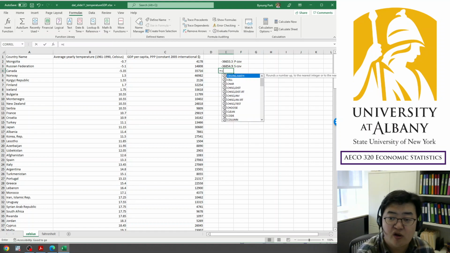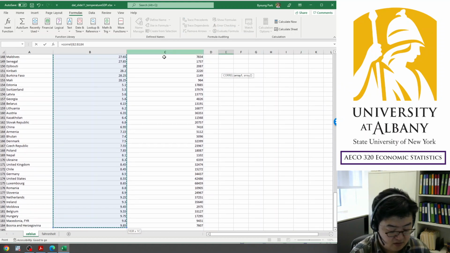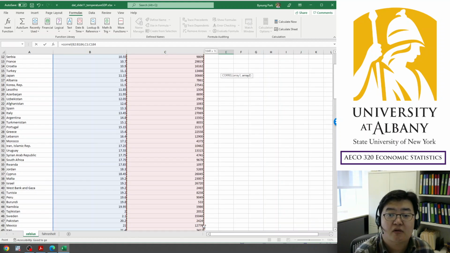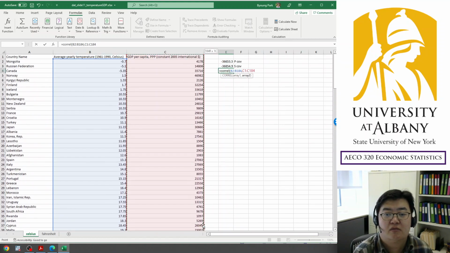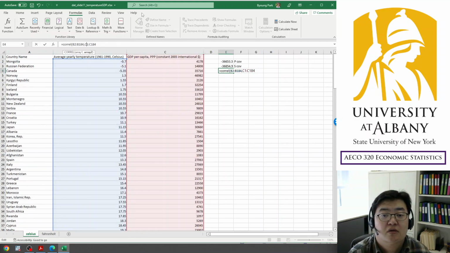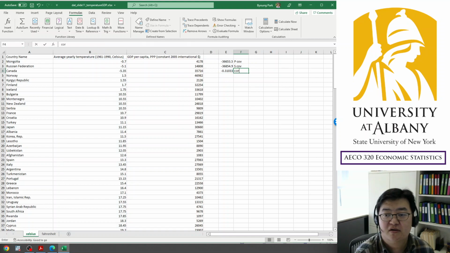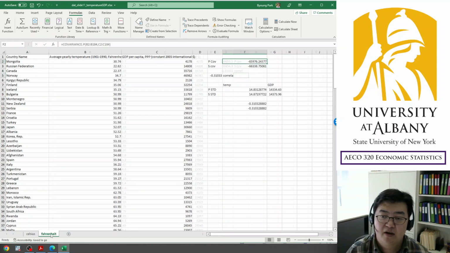However, if you calculate the correlation coefficient, like this, the correlation coefficient is the same.